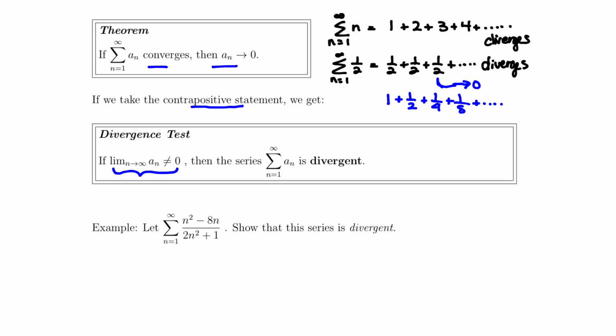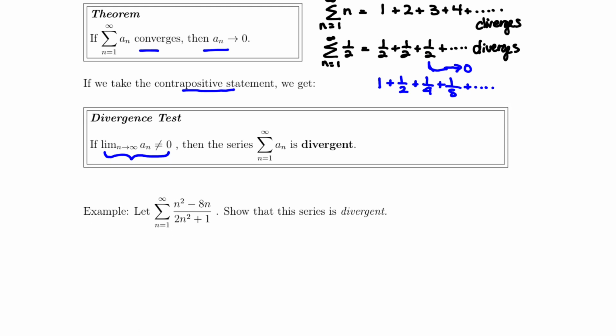The sequence diverges. So based on the fact that if the series converges, the terms have to be going to 0, we make the opposite statement. If the terms are not going to 0, then the series cannot converge. It has to diverge.